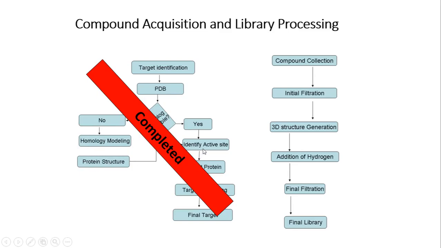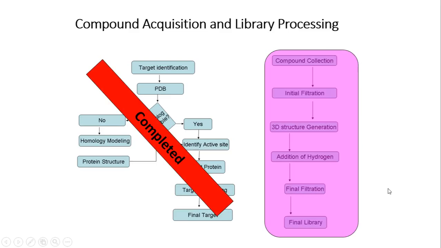After that, how we identify the active site and the other steps involved in processing your target protein, we have already completed in my previous lectures. So in this lecture our main focus would be what to do with compounds and how we construct a typical compound library.